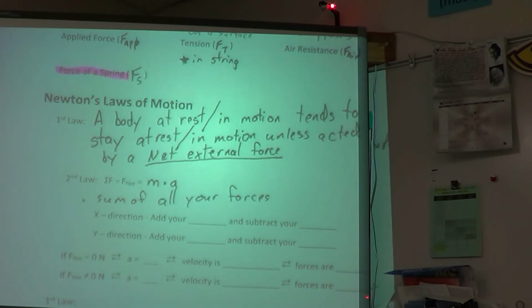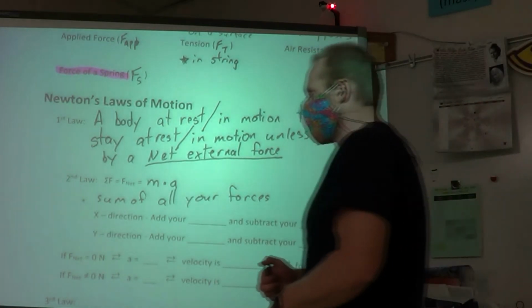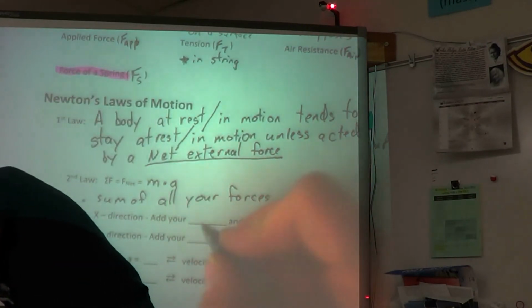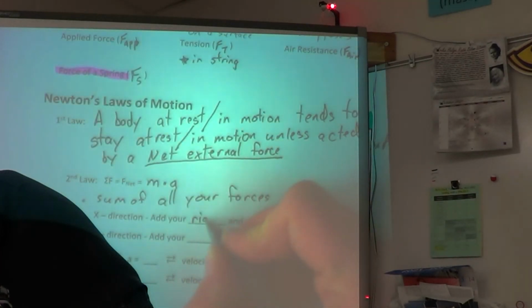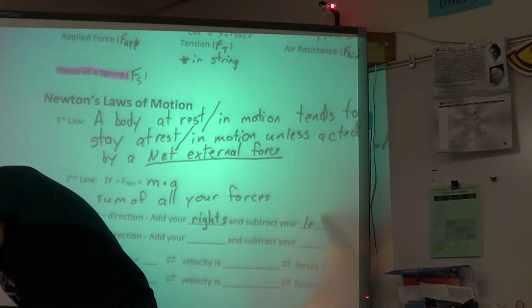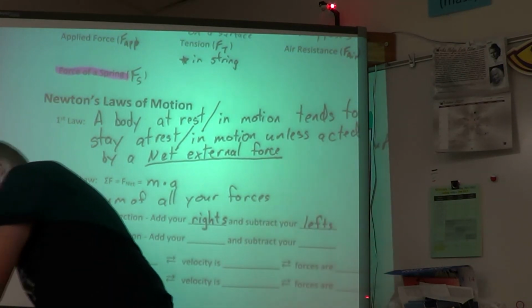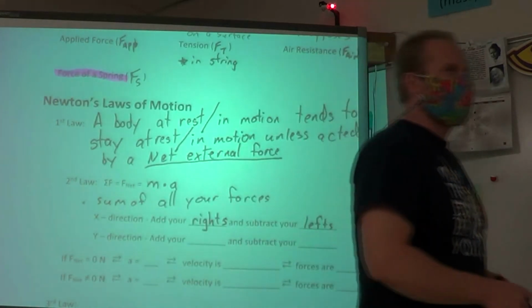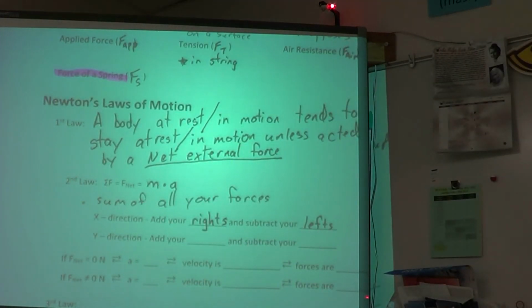We could have one force to the right, we'd add one. We could have three forces to the right, we would add all three of those. So we add our rights, and we subtract our lefts. I don't think those are official terms, but that's the idea.